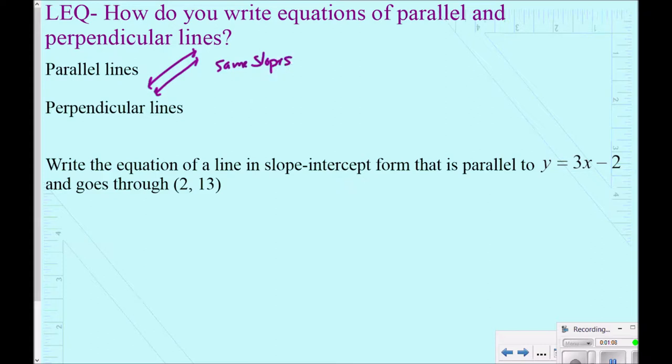So then perpendicular lines, you also remember, means that the two lines intersect to form 4 90-degree angles, one at each part of the intersection point. So in order for lines to be perpendicular, their slopes are the opposite sign and reciprocals.